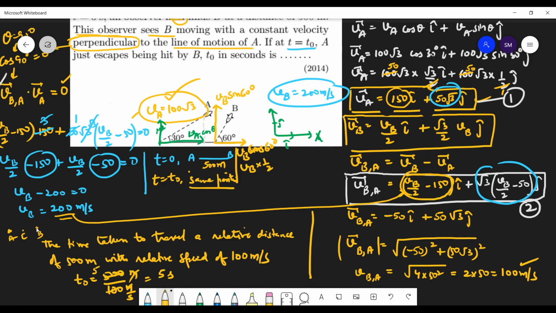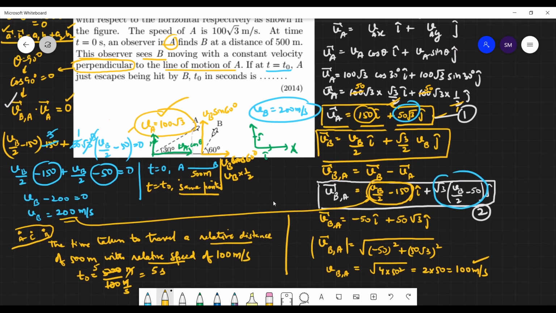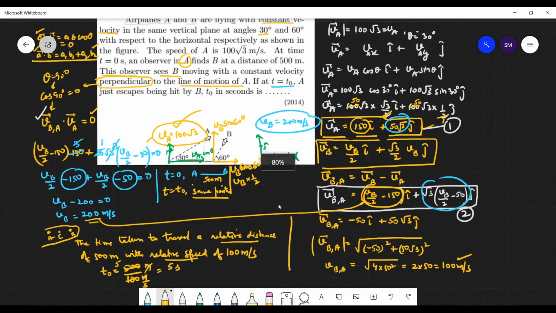A and B were there, and then B or A decides to overtake the car C before another one overtakes. So there also we use the concept of relative distance and relative speed. Okay, I hope you have understood this question, students. Yes, any problems?